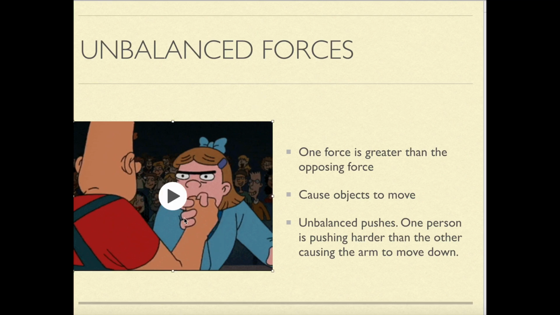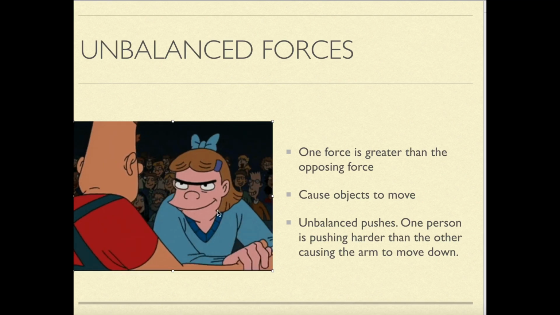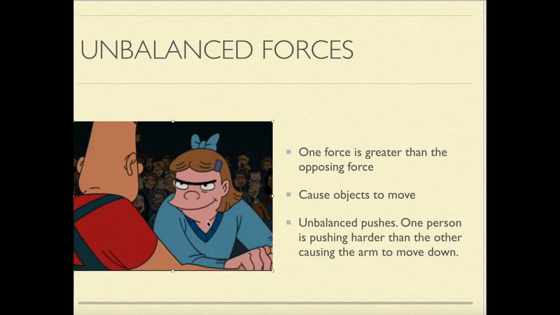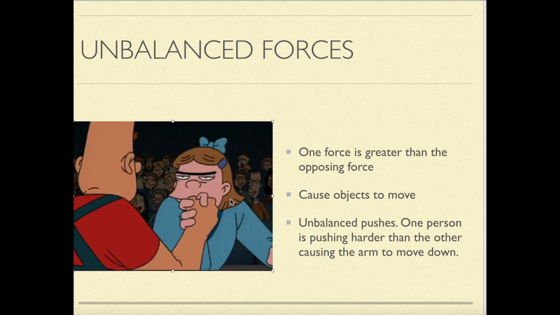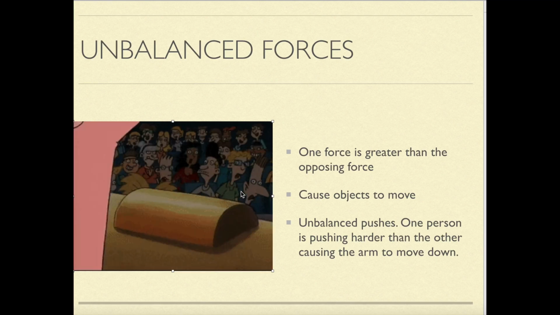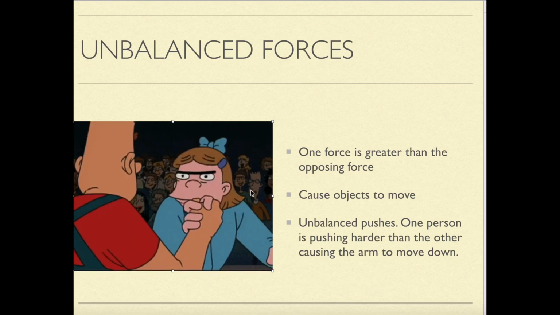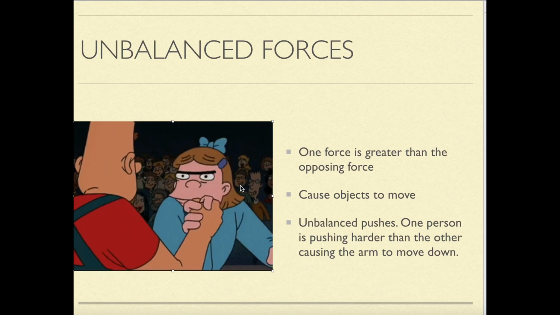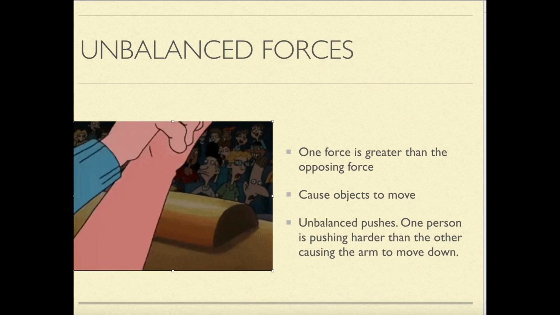Okay, so these two are going to have an arm wrestle match, and the girl is pushing harder than the other character, and so is moving his arm down. So this is an unbalanced force because one is stronger than the other, and it's causing the object, in this case the arm, to move.